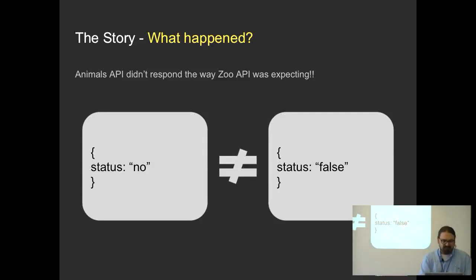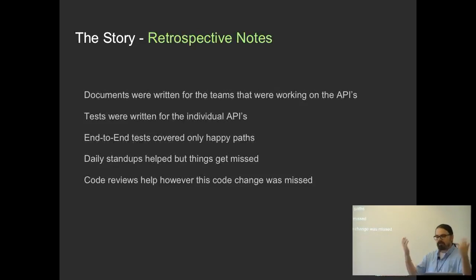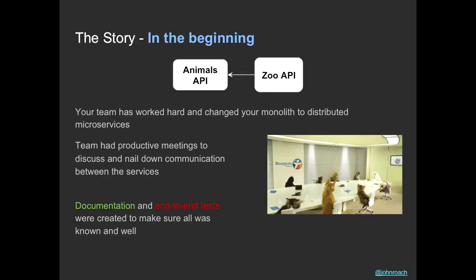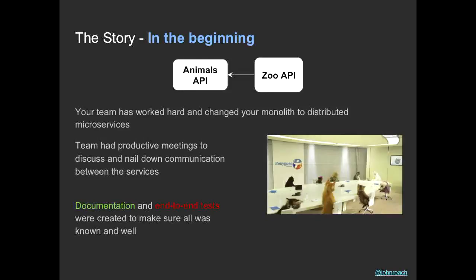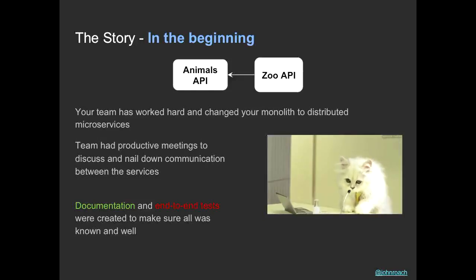So something broke. And then they had a retrospective, like every good agile team. They sat down and said, okay, how can we avoid this in the future? They talked about some of the good stuff they did for this. They had monoliths, and they said, okay, let's change this. We need to take a different approach for certain reasons. The main thing is that they wanted to go with a more modern architecture, with microservices.